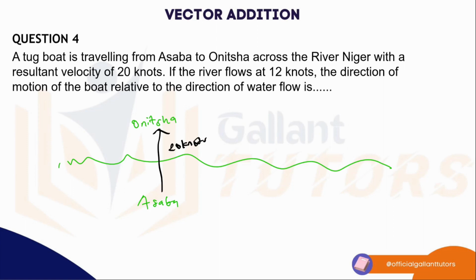If the river is flowing at 12 knots, the direction of the motion of the boat relative to the direction of water flow is what? Now, I'm going to explain this part for you, right?